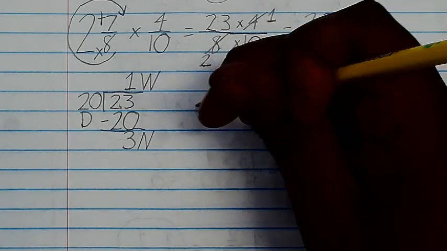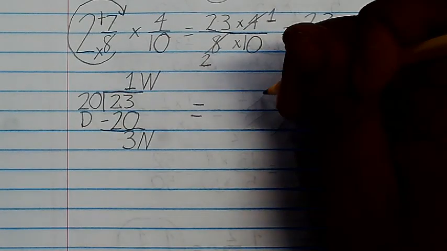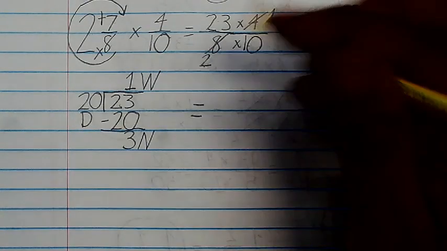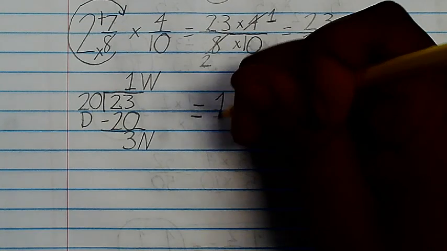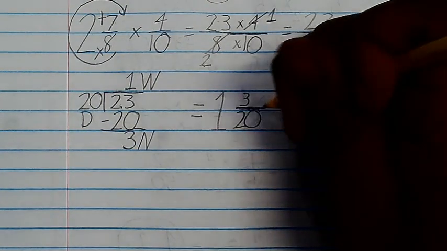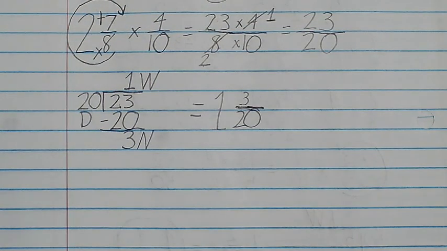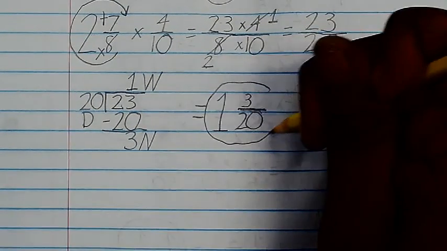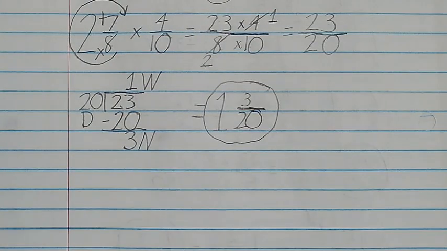So that means the mixed number would be what? 1 and 3/20. Very good. Now, can we simplify this fraction? No. All right, very good. So that means the final answer here is 1 3/20. Thank you guys for participating.